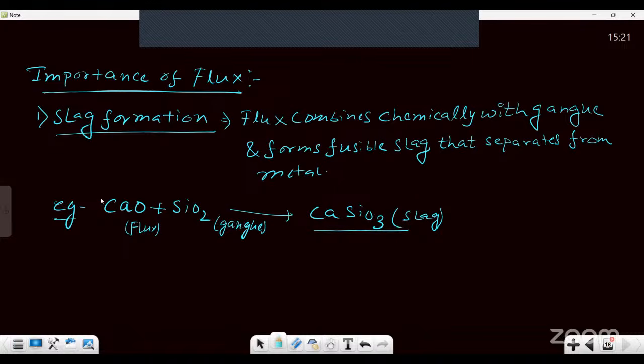Now purification of metal is also done by the flux. Flux absorbs oxide, silica, and other non-metallic impurities, giving pure metal.